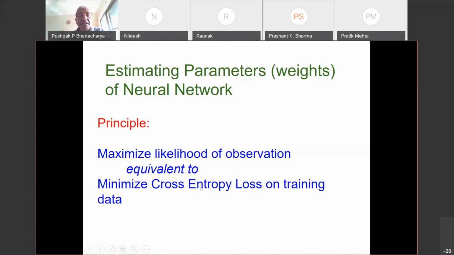So this is an important point for us. Minimizing cross entropy loss is equivalent to maximizing the likelihood of observation. Very fundamental observation. And minimizing cross entropy loss is essentially minimizing the distance between the softmax output and the target output that is required.